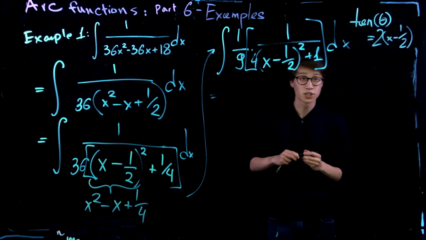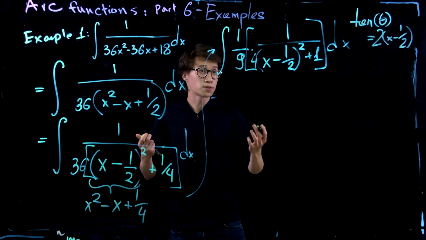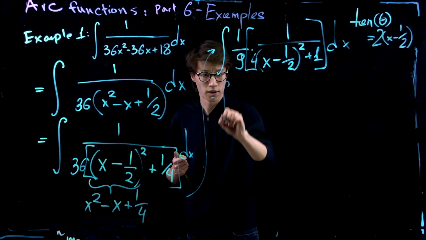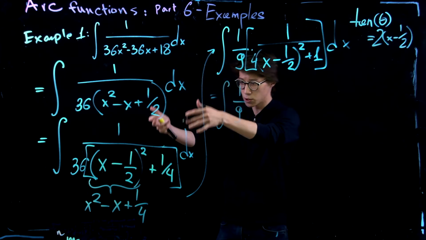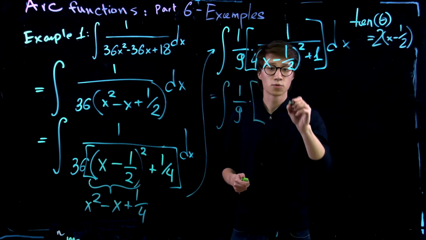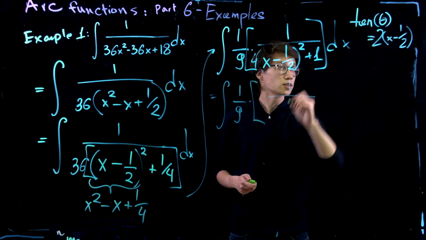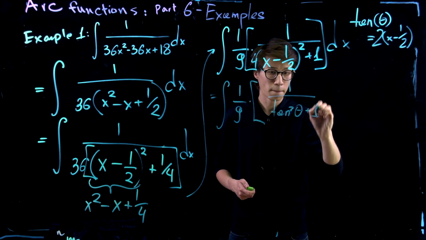So therefore the tangent squared would be our first element right here. When we do the substitution, let's see what happens here. We have 1 over 9, the starting coefficient we carried over from factor 36, times, for brackets we're opening up, tangent squared theta plus 1.